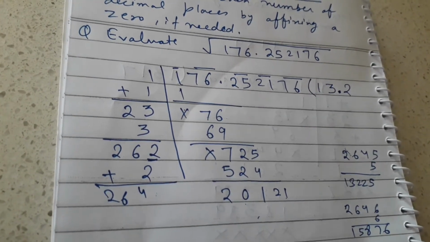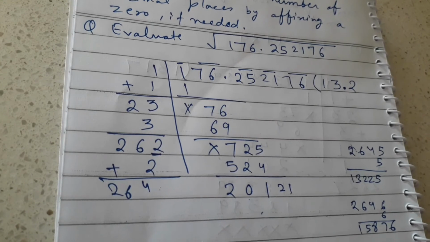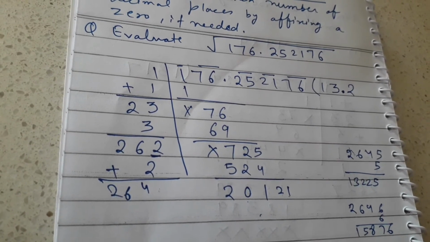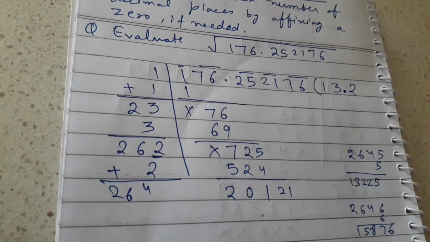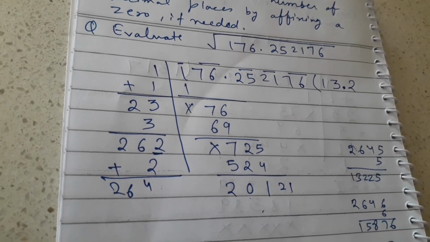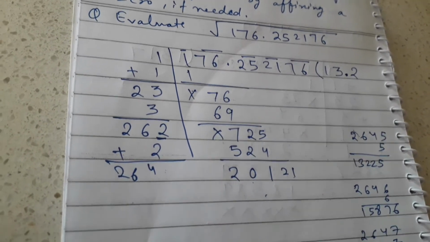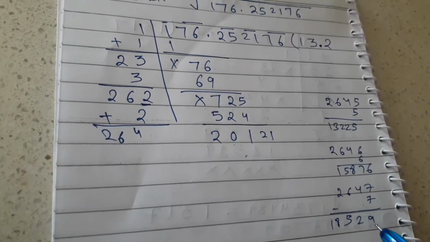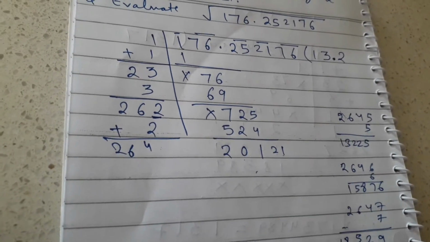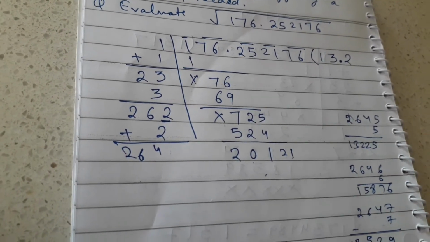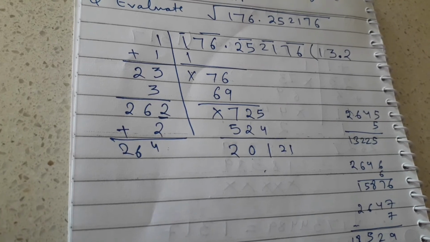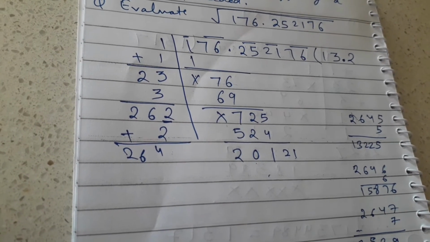Still it's coming more, less only. Check with 7. 18529, 8, 44312.